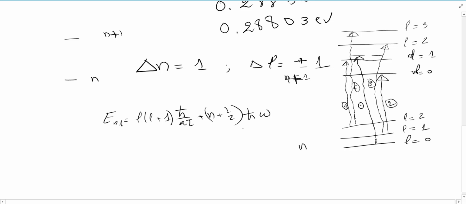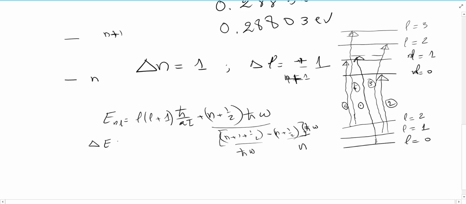Now, if we compute delta E between each and every one of these transitions, we're computing delta E from n to n plus 1. This part gives (n plus 1 plus 1/2) minus (n plus 1/2), times h bar omega, so this part is strictly h bar omega, because everything else is the same.